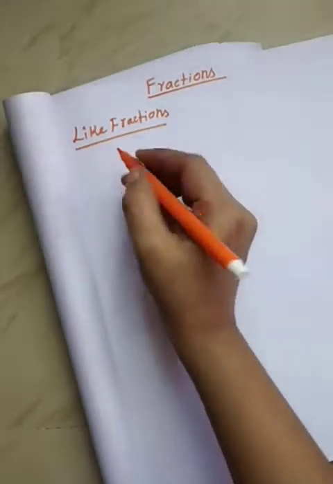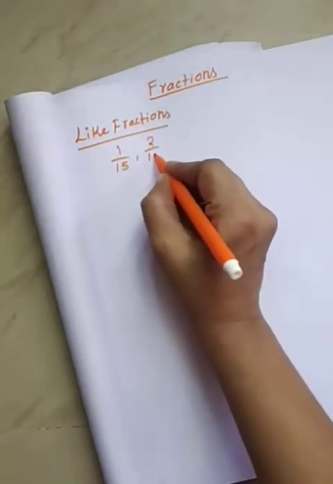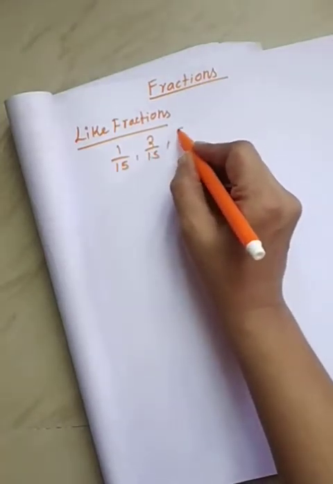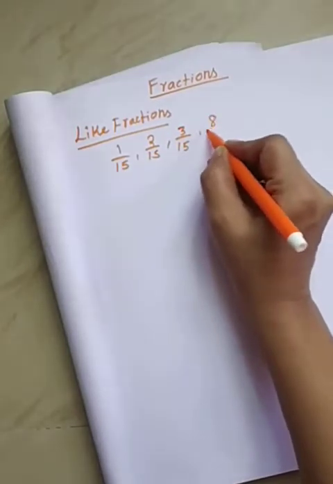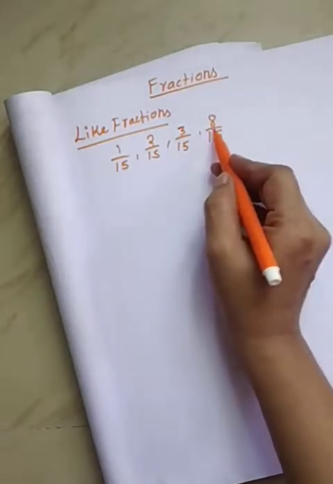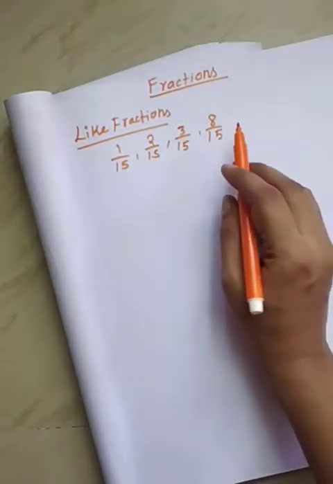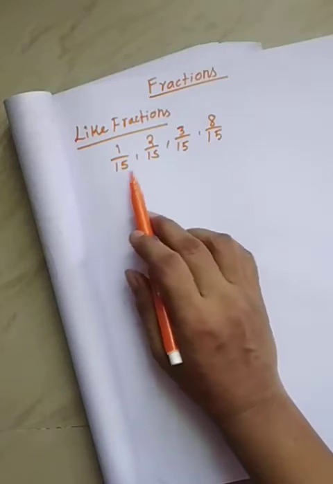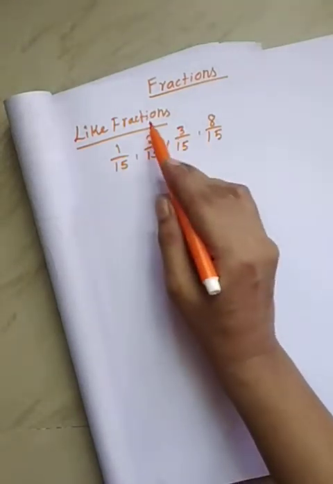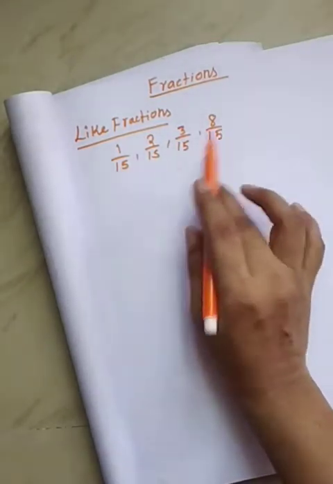See here: 1 by 15, 2 by 15, 3 by 15, 8 by 15. See the denominator, the denominator is the same. So fractions with the same denominators are called like fractions. This is an example of like fractions.